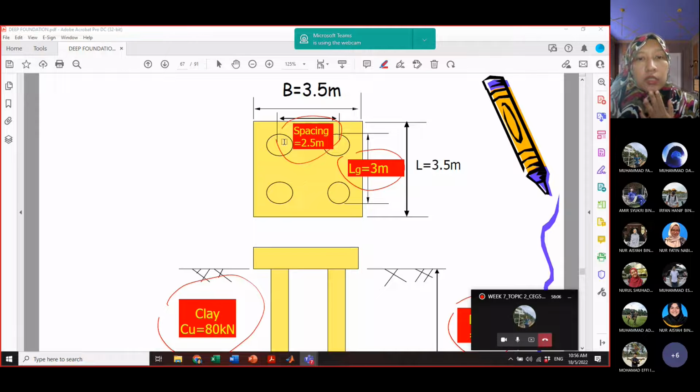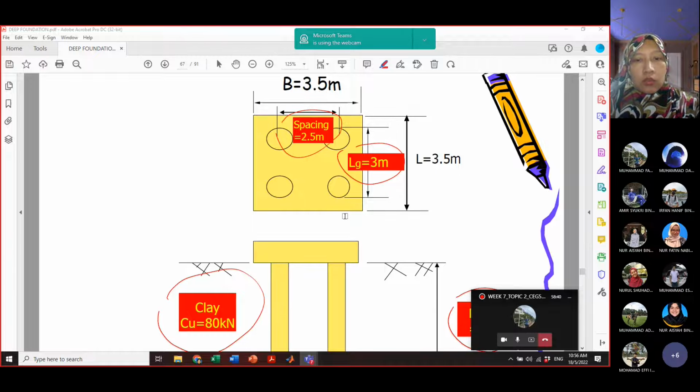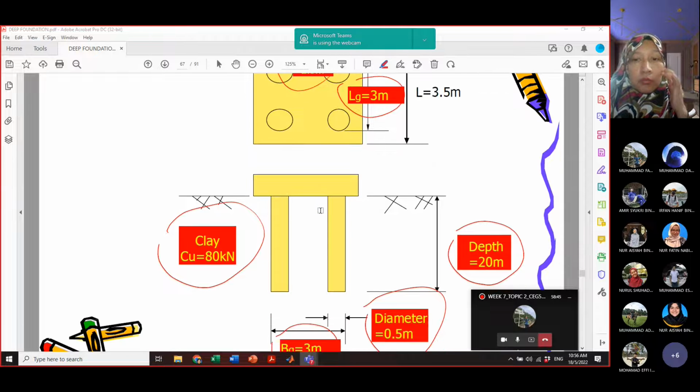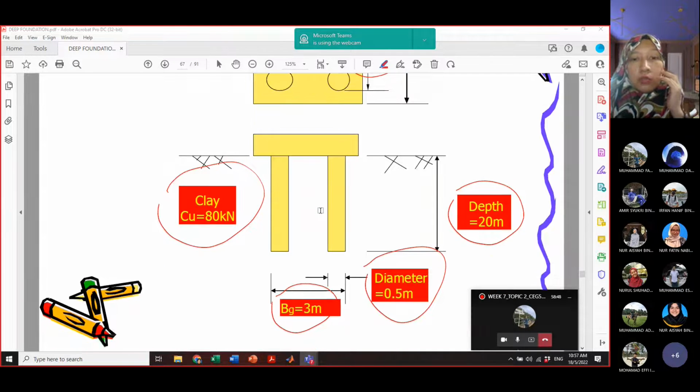Contohnya tengok kat sini, kalau kata kita ada spacing pile is 2.5, then how to get the LG sama dengan ataupun BG sama dengan 3, iaitu 2.5 campur dengan 0.25 dekat bahagian tepi ni campur dengan 0.25 dekat bahagian this side. So you akan dapat LG dengan BG sama dengan 3. Ini sebabkan the pile group arrangement is square. So kalau kata pile group arrangement in different shape, octagonal ke apa, dia berbeza lah kan. So you kena kira lain lah.